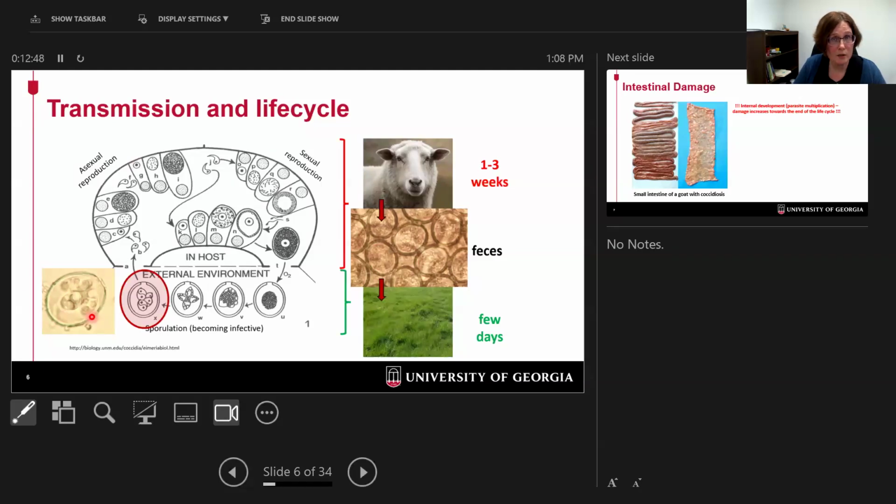I hope that makes sense. I know it's quite complex, but this is what sets it apart from bacteria and viruses that, once they go through one multiplication here, would be ready to reinfect. This is one thing where we have the whole complex thing. And in the very end, after several weeks, we will have the next generation of parasites that are in the environment and are infective.